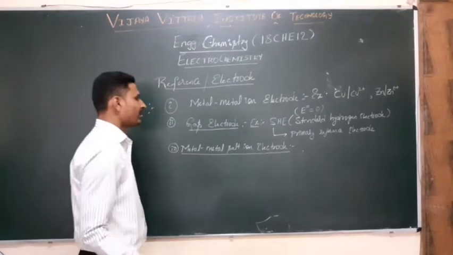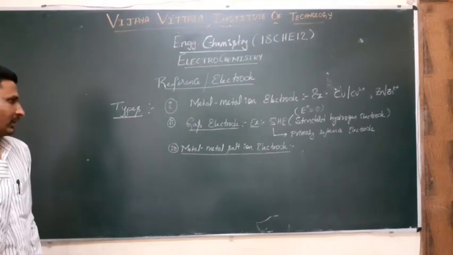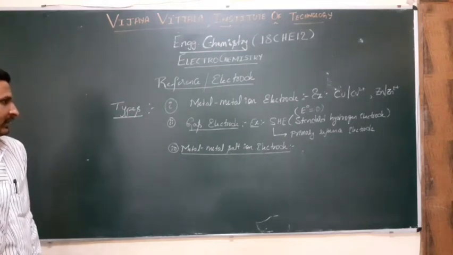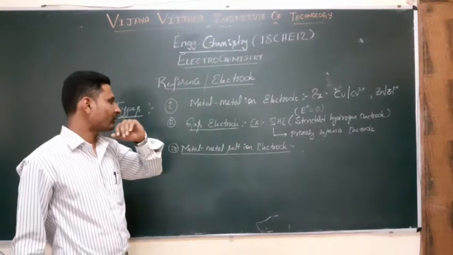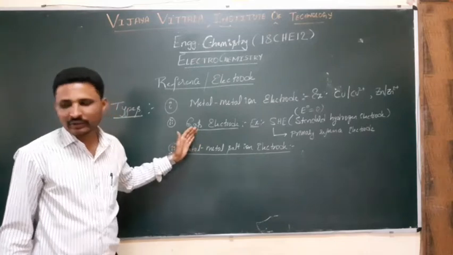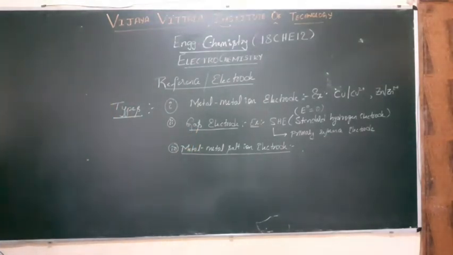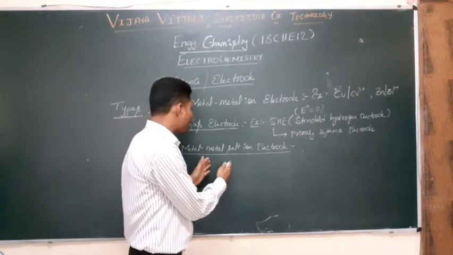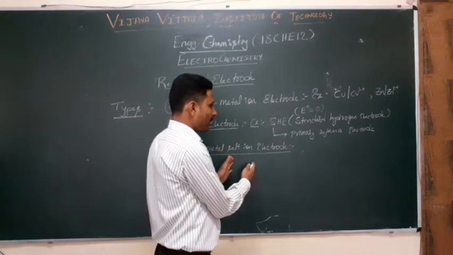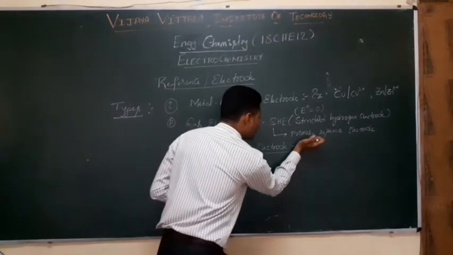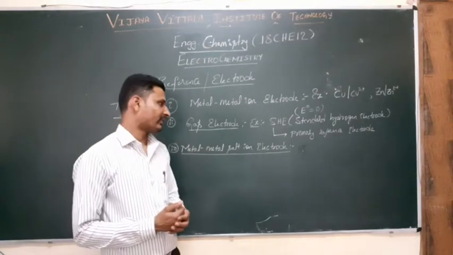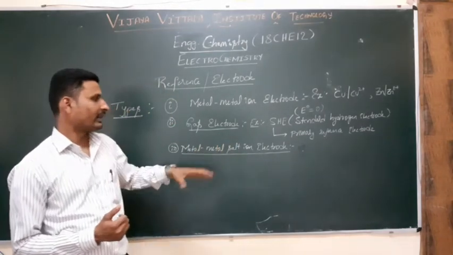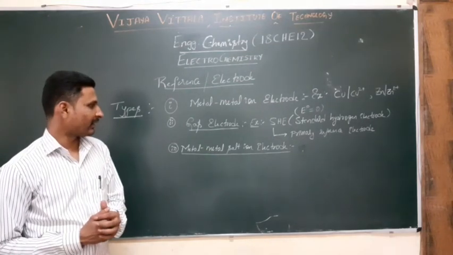It is the same as the metal ion electrode, but here the metal is in contact with its sparingly soluble metal salt. That electrode is taken as a metal salt ion electrode.